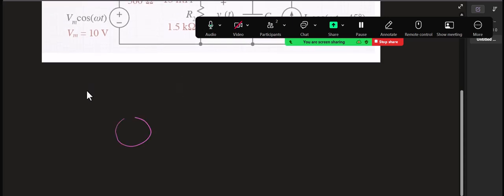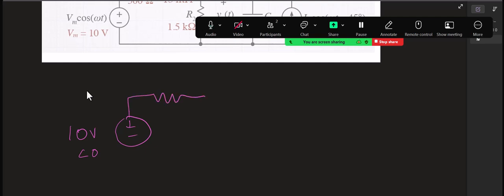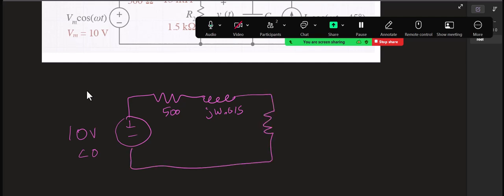Our voltage source will be 10 volts, 10 angle 0. Our resistor R1 is going to be just 500 ohms. Our inductor, which was 15 millihenries, is going to be j omega 0.015. Our second resistor is going to be 1500.